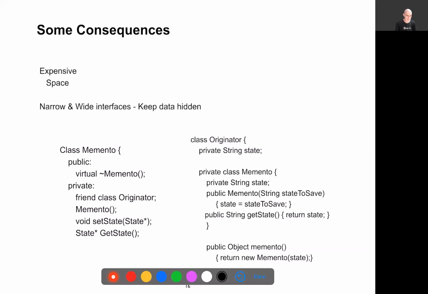In C++, we can make all the operations private and then make the originator a friend. But that doesn't mean much to people in the class because there aren't that many C++ people.